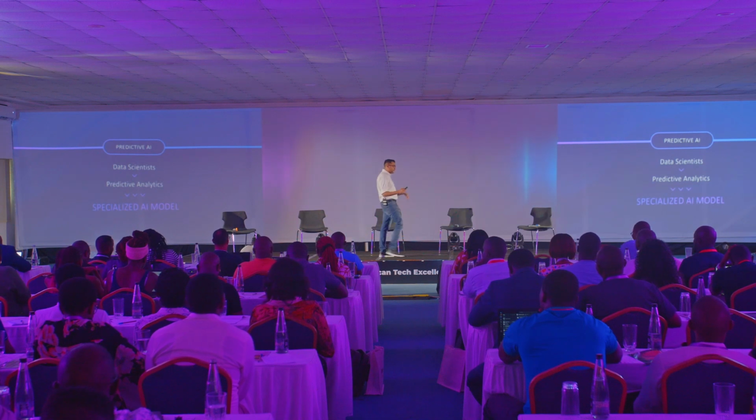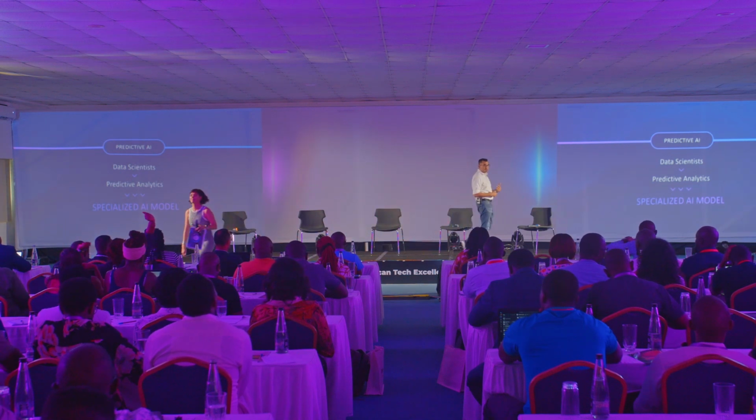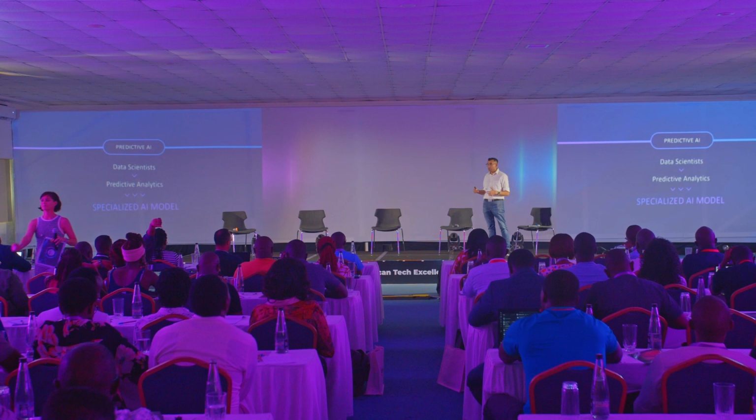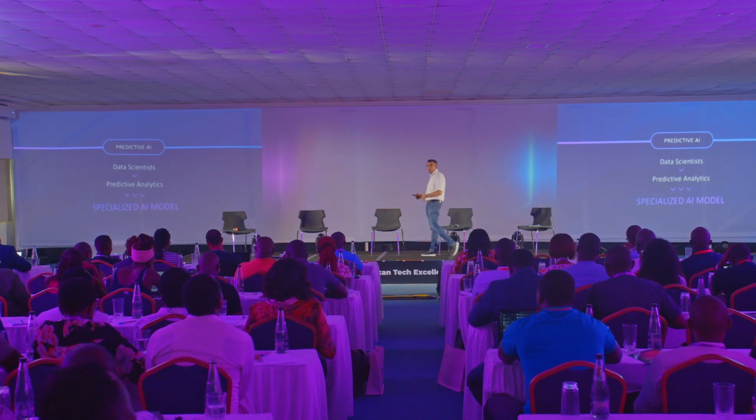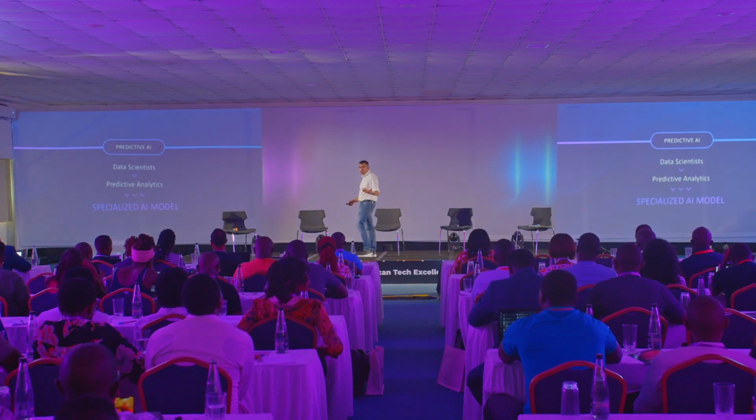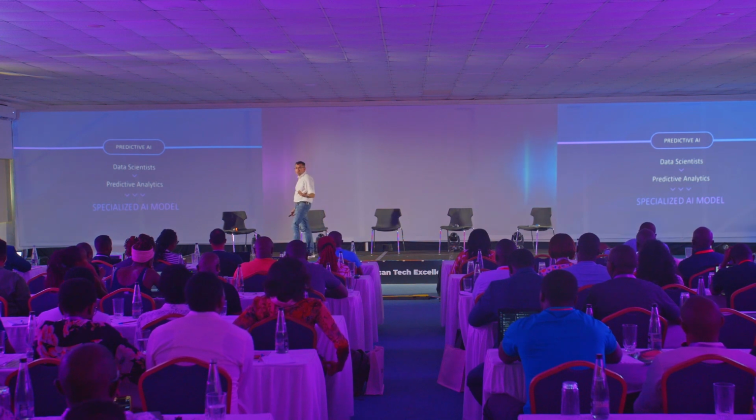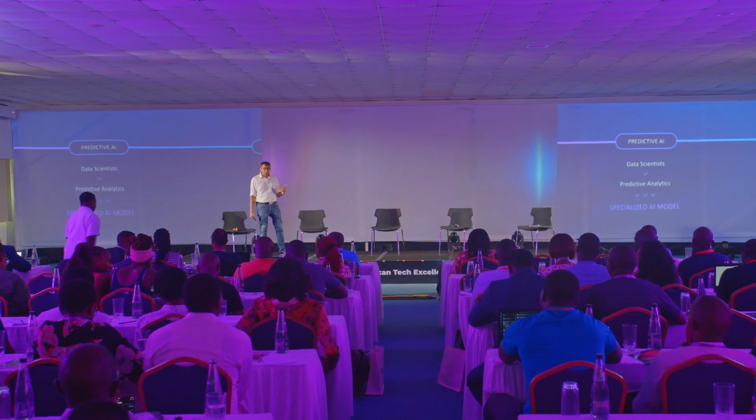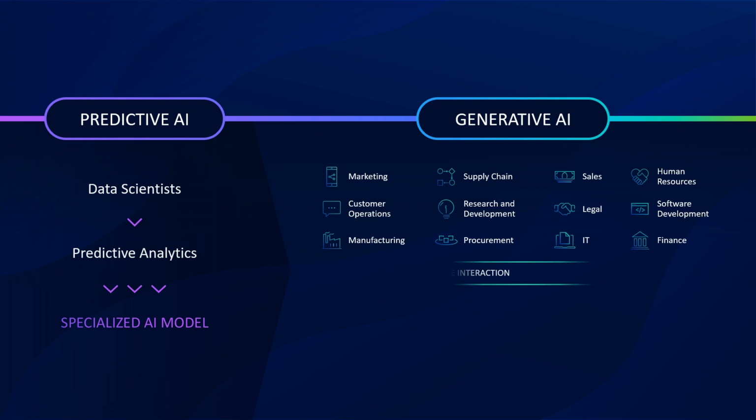So predictive AI has been there for quite some time, and if you look at the world's largest supercomputers, they use predictive AI quite often to do what they do. Generative AI is the next stage. Predictive AI led to generative AI. Predictive AI uses specialized AI models.